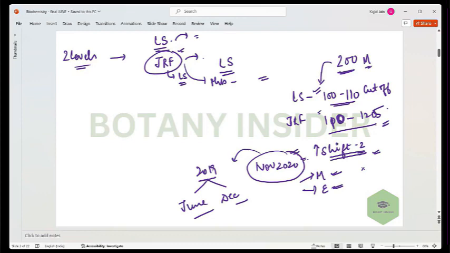I'm talking about the marks and not the percentile. Don't get confused between the two things, right? So JRF and LS. LS is for lectureship, for teaching, and the JRF is for your fellowship if you get enrolled in the research projects, or if you're enrolling for the PhD further. So this is for your LS and JRF.